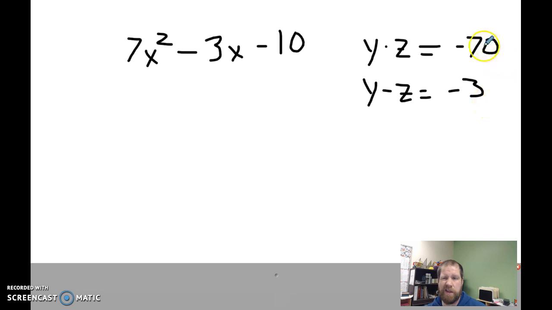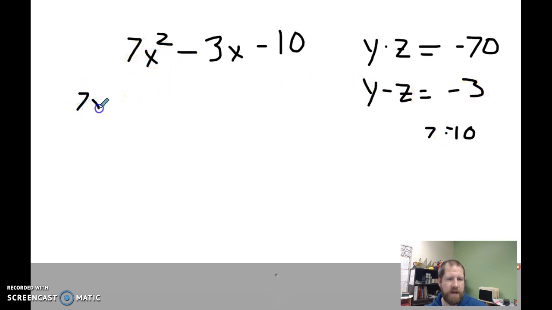And in this case, that helps me out a lot because I know that 7 and 10 are factors, and I know 7 and 10 are 3 away from each other. Okay, so 7 and 10 are going to be my factors. All right, and it's going to be a negative 10 because this is a negative term, right?